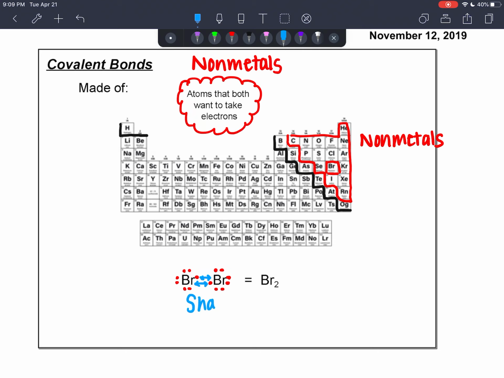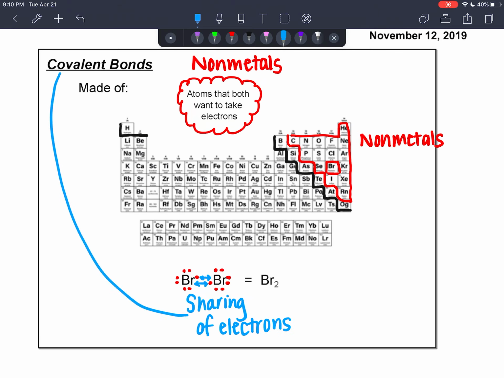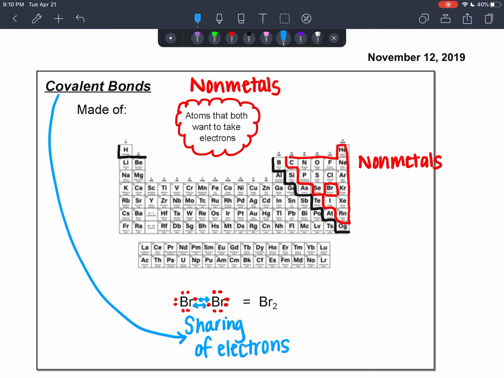And we see, instead of a transfer, we see sharing of electrons. So whenever there is sharing of electrons, that is called a covalent bond. Ionic bonds are full transfers, but covalent bonds are sharing of electrons.